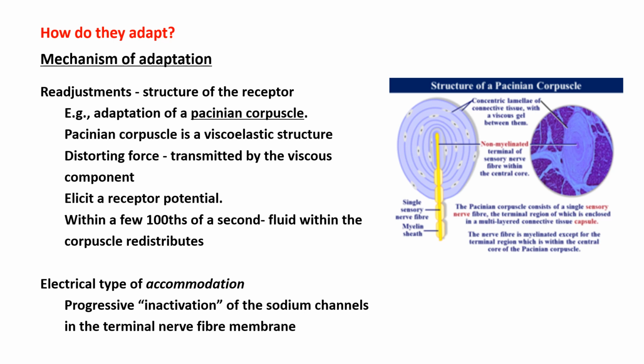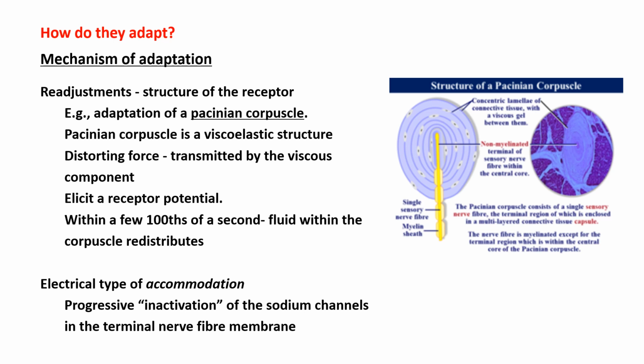But if you keep the deformation there, there is fluid inside the corpuscle, and this fluid redistributes itself. Consequently, the receptor does not feel the deformation or the distortion in the layers, and it stops firing. So this is one mechanism. In other words, there is a readjustment of the structure in the receptor.